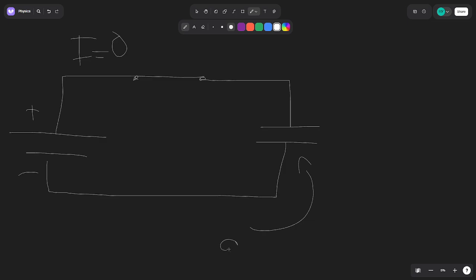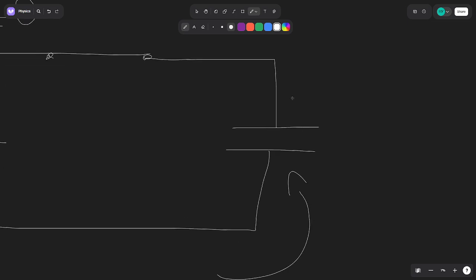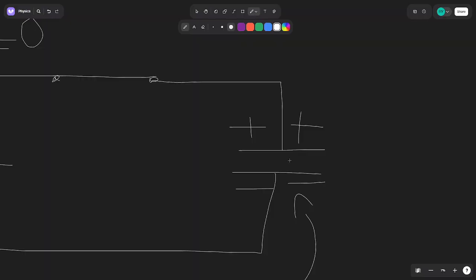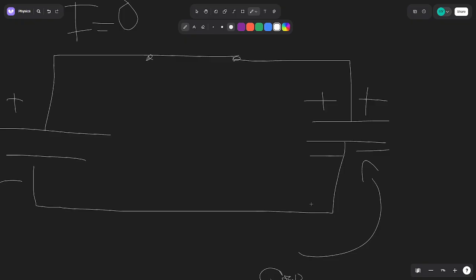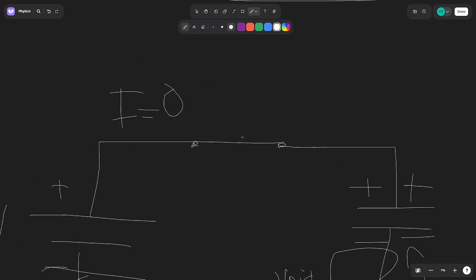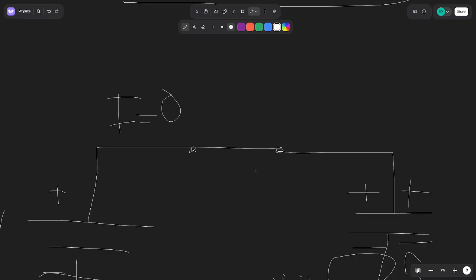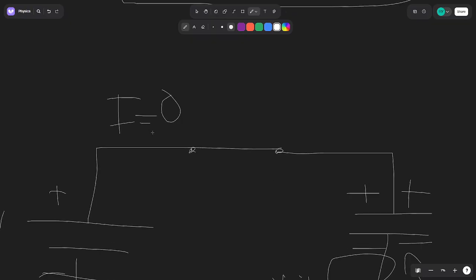So here is a gap. It is fully filled up. Since the capacitor is filled 100%, it's enough with the electricity. It can't pass more electricity through it. So here's the void, and no electricity goes through the circuit. So the current equals 0 again.